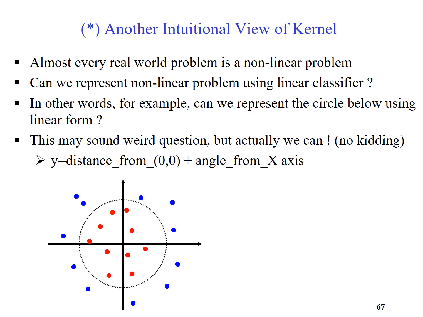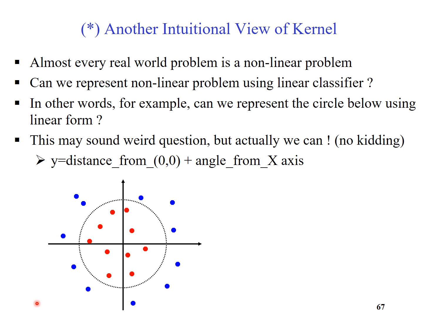This is another advanced topic. In this slide, I'm going to explain a completely new way of looking at this SVM problem, a completely different angle. So the question is, can you describe a nonlinear problem using a linear line?